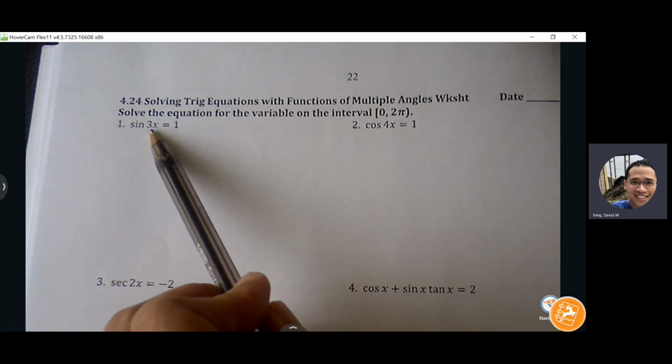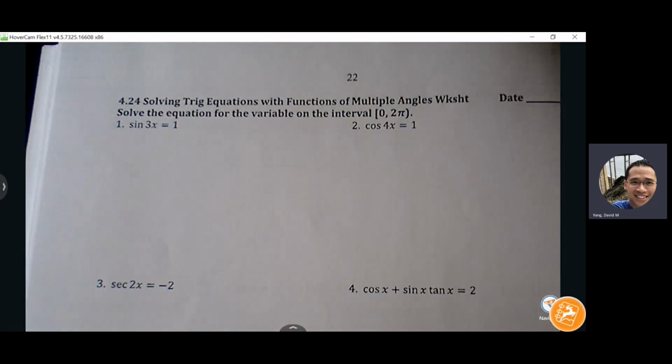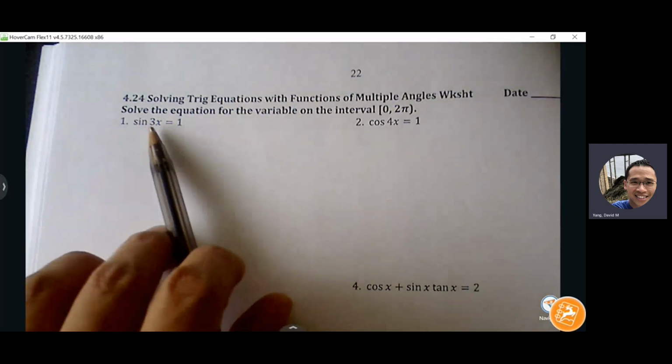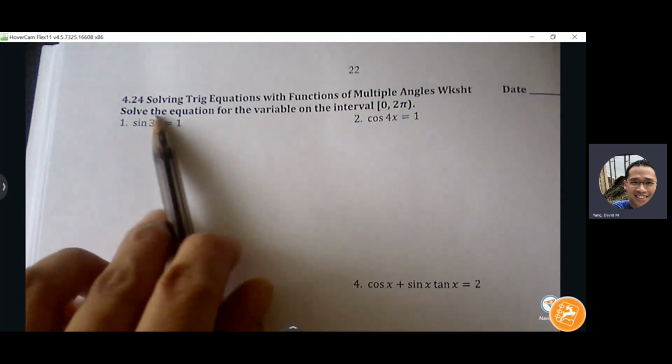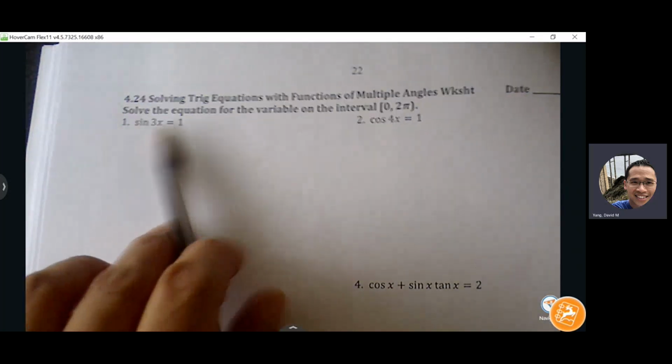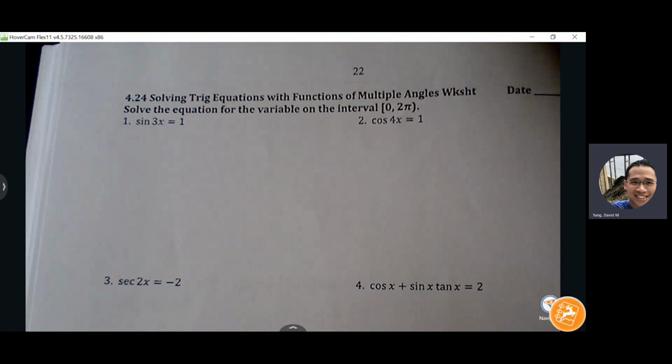We can definitely split that up into x plus 2x and use some identity. But here's another strategy that we can work to deal with this, 3x, 4x, anything that's larger than 2x inside your trig function.